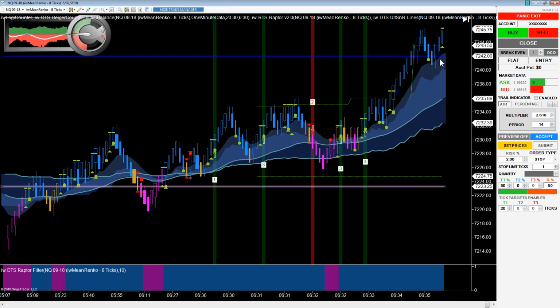The hash mark, by the way, is an arbitrary suggested entry point. Arbitrary in the sense that computers require everything to be black and white. When we were doing the programming, not being a programmer myself, I kept asking the programmers, well, can we take into account the fact that the market made a swing back here?